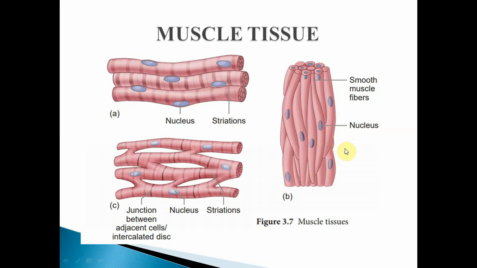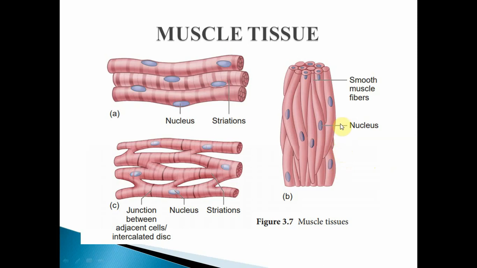In function they are involuntary. It means we cannot control the function of these smooth muscles, for which they are known as involuntary muscles. Where do we find these muscles? We find them in the lining of the blood vessels, the intestine, the stomach, the iris of the eyes, the urinary bladder and the uterus.